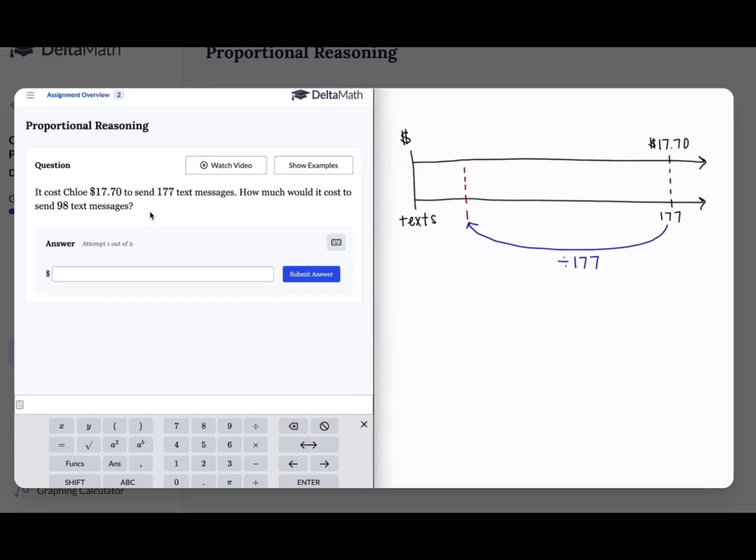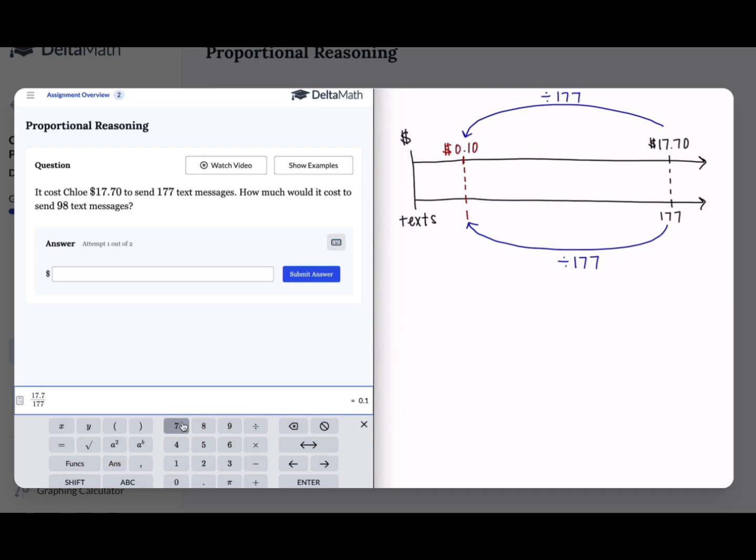So to find this unknown cost in dollars, we would have to divide $17.70 by 177. And 17.7 divided by 177 is equal to 0.1. So that means one text message cost 10 cents.